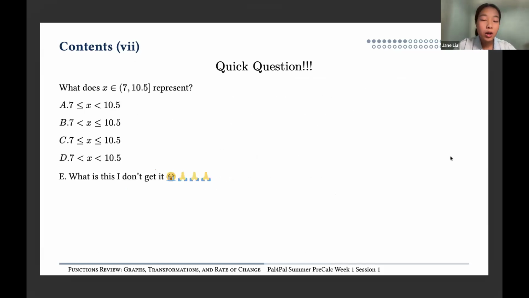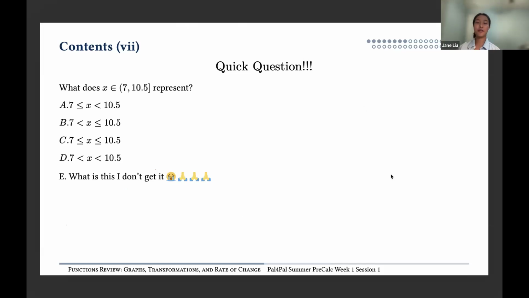So here's a quick question about what this interval notation represents. You can type your answer into the chat, and we will tell you the correct answer at the end. Okay, I've gotten some correct answers so far.